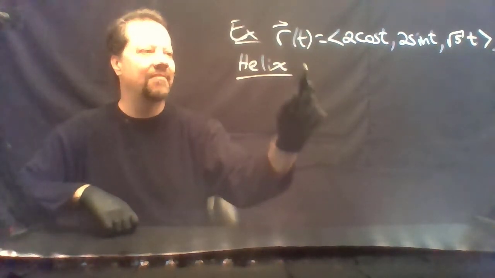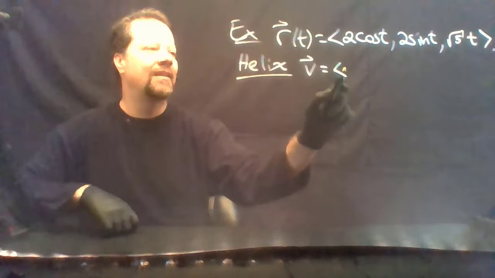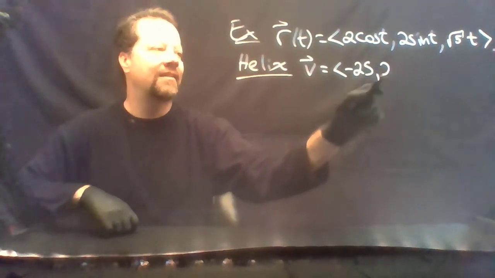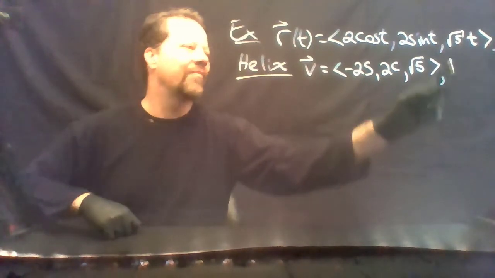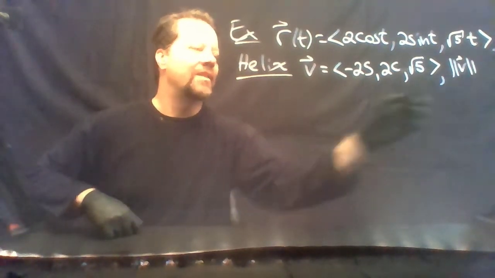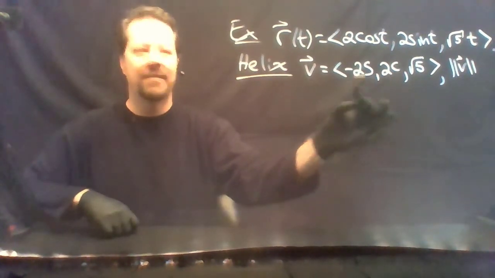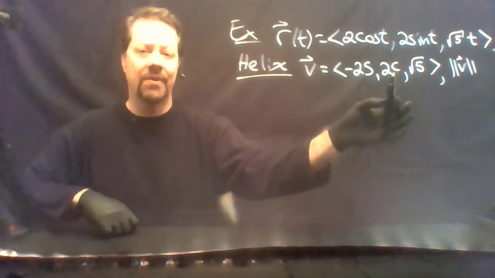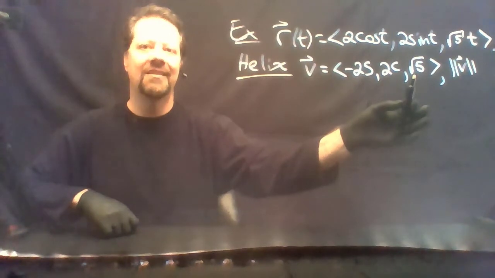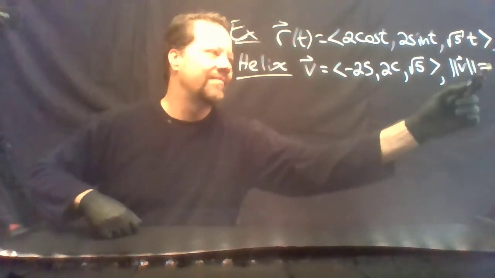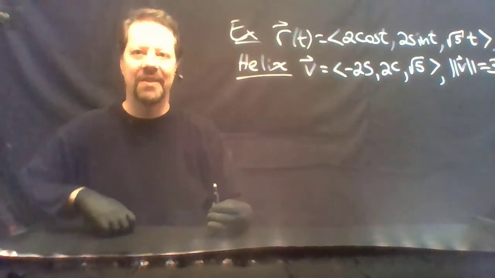Now the velocity. That's negative 2 sine, 2 cosine, square root of 5. The speed is going to be the square root of 4 sine squared plus 4 cosine squared, that's 4, plus 5, that's 9, square root. The speed is 3.